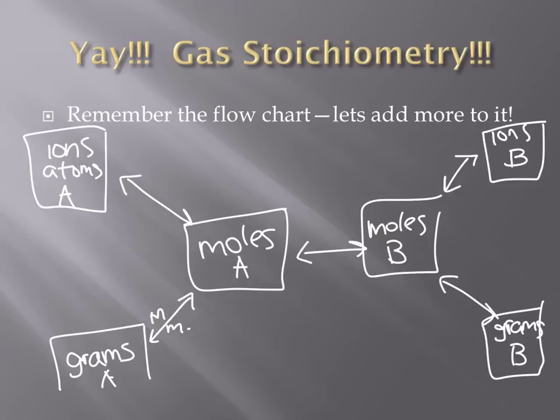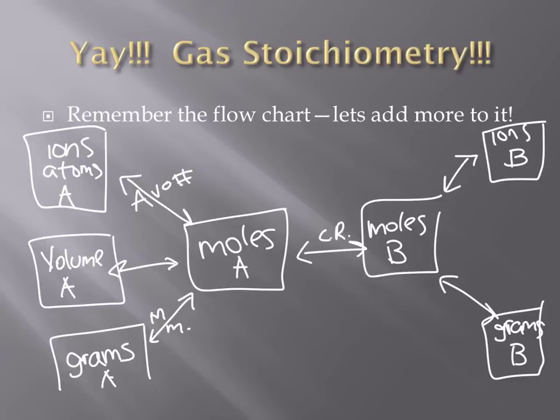How do I go from ions to moles? Avogadro's number. How do you go from moles to moles? Coefficient ratio. Now at STP, I can have volume A, and I can use my 22.4 liters per mole. And so volume B, and that would be 22.4 liters per mole. So now we can add this to gas stoichiometry. We can take it a step further. Okay?